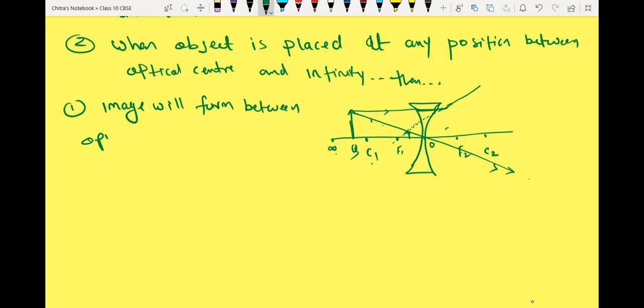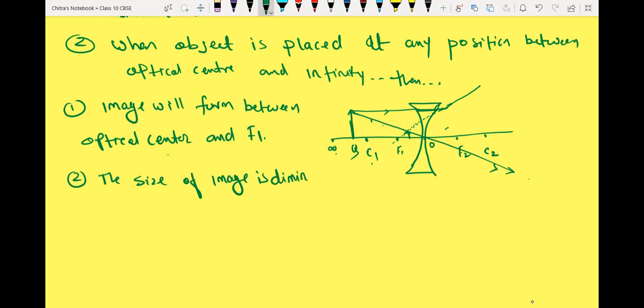Number 2: the image is always small compared to the object. It is diminished, meaning smaller.